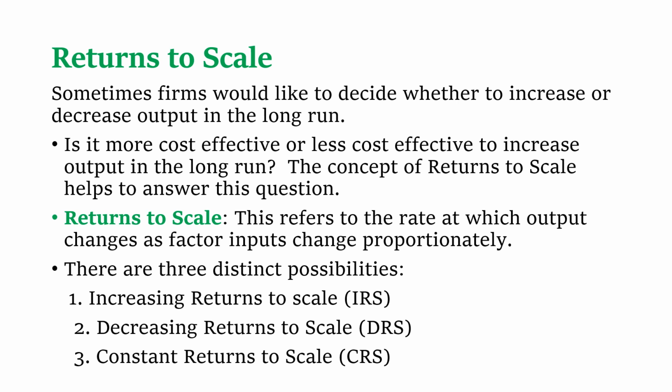And it is not cost effective if the production function exhibits decreasing returns to scale. Because if the production function exhibits decreasing returns to scale, then if the firm decides to expand the plant size by increasing more inputs, then the output is going to increase, but by less than the increase in inputs.